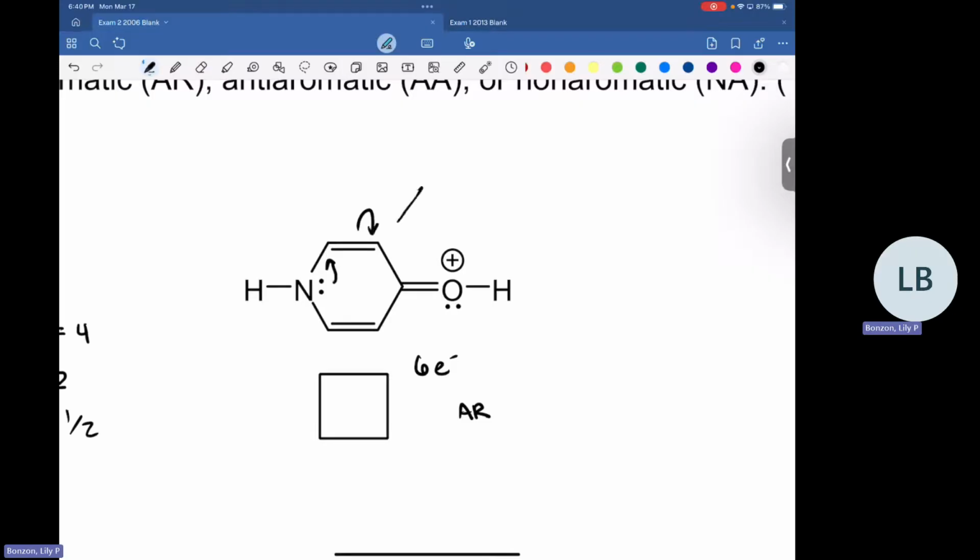We can just resonate that nitrogen lone pair in the ring, and we get a carbanion here. And then we'd still have 2, 4, 6 electrons. So this one is good in both forms. This one's aromatic.